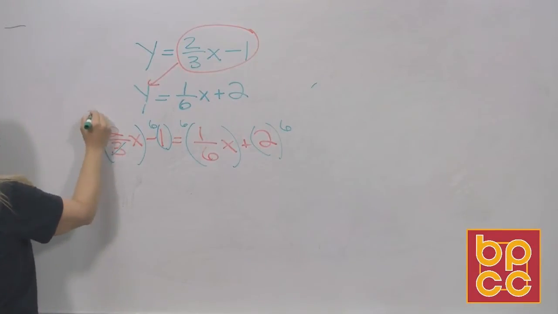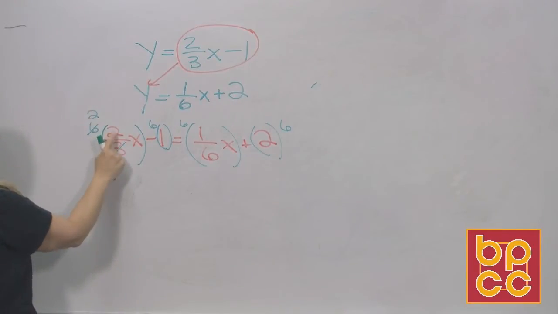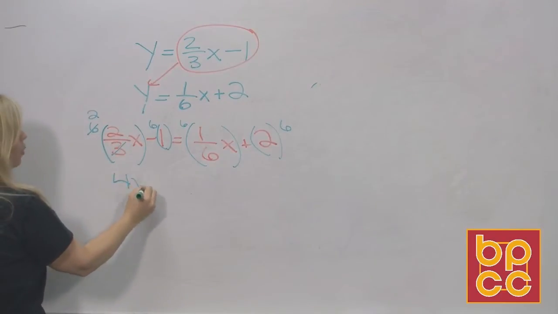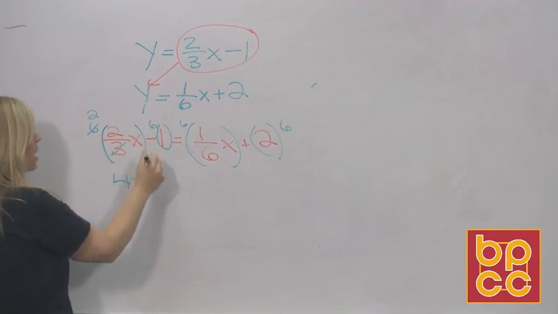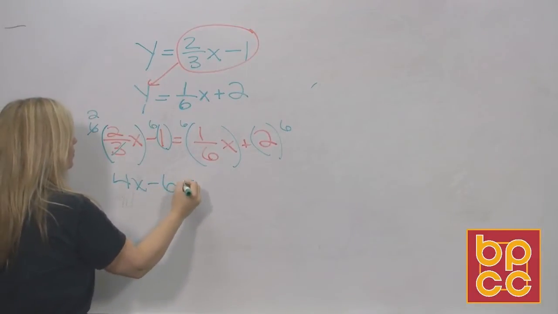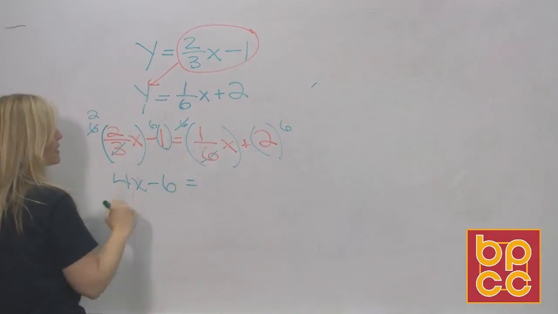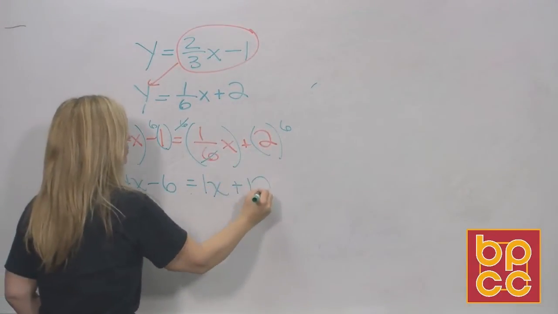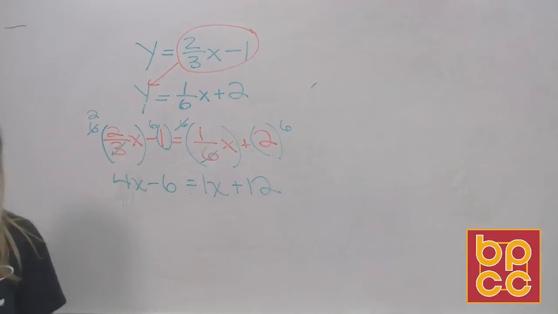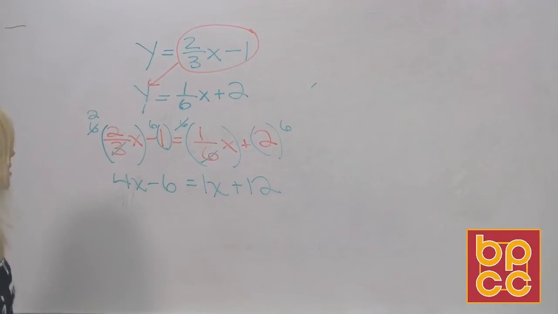3 goes into 6 twice, so 2 times 2x is 4x. There is no division bar here, so we multiply. Negative 6 times 1 is negative 6. 6 divided by 6 cancels out, you get 1x. 2 times 6 is 12. Look at that. You're back to Algebra 1, a simple linear equation.